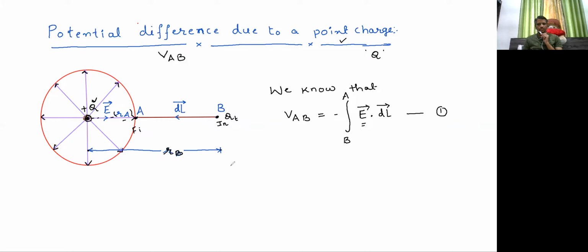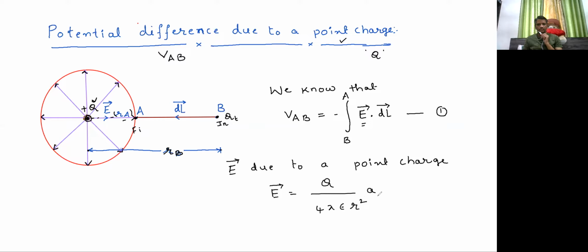So, E due to a point charge, which we know, first let us try to write that. E due to a point charge is E equal to, which we have already calculated, Q by 4 pi epsilon, let us take it as small r, which is the radius of the sphere, AR vector.